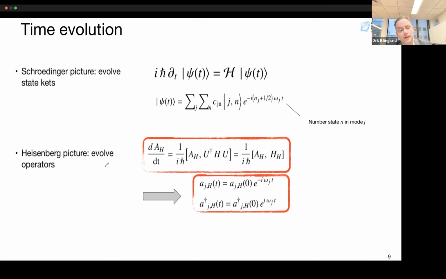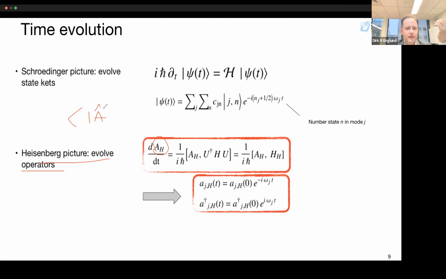And the other way is to use a Heisenberg picture, and this is actually going to be more fruitful for us. Here, I'll just show you quickly how that's done. So here you consider an arbitrary operator that maybe we want to measure. What is the expectation, for example, of some operator A that we might want to measure?